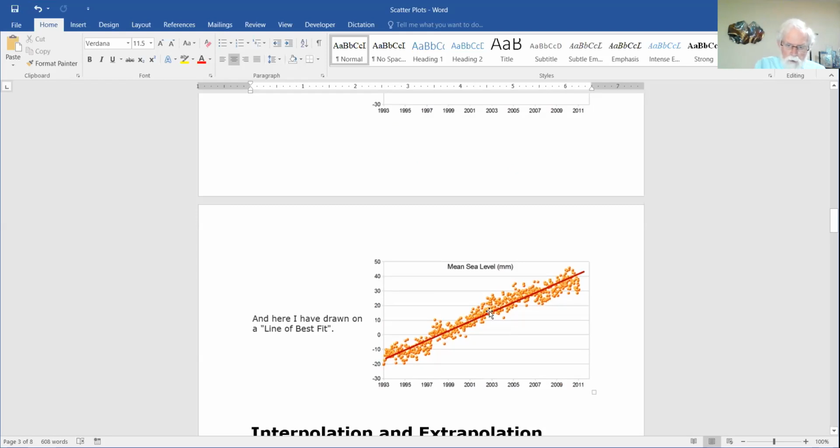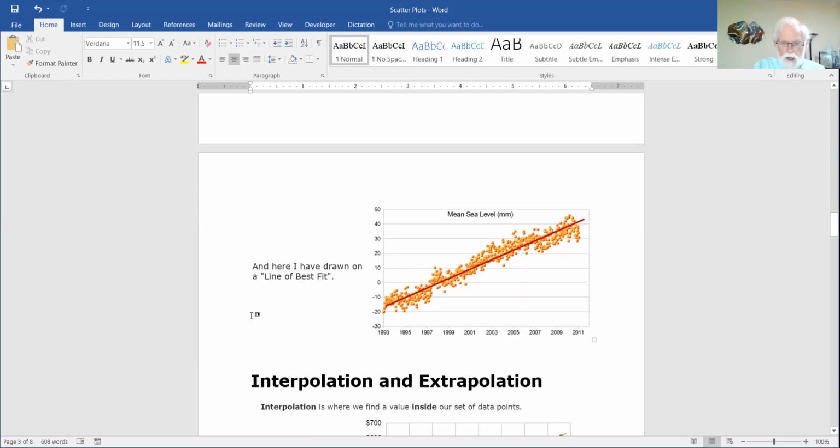So here we can put this line on here, and what that says to us is, we're looking at changes in sea level in millimeters. A millimeter is about a 25th of an inch. So what we're seeing is changes over time versus a point that we have chosen as our zero point, in this case approximately the year 1999.